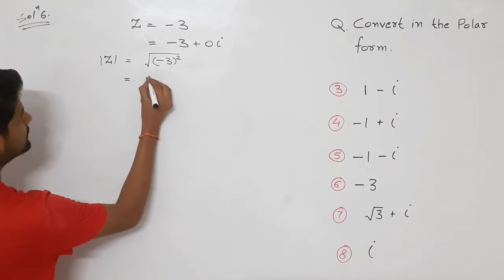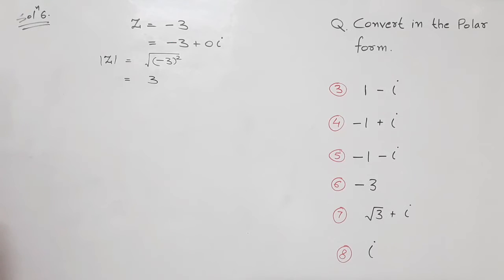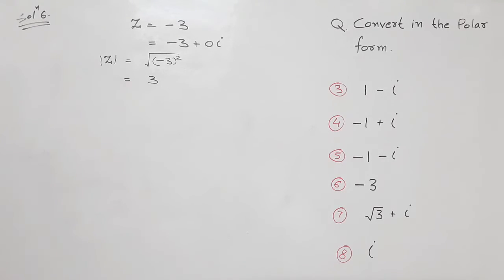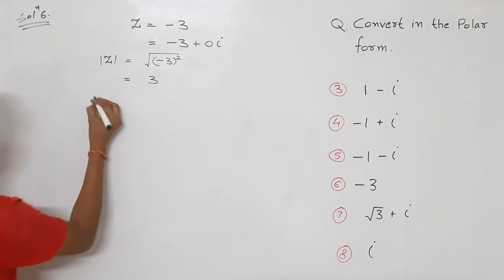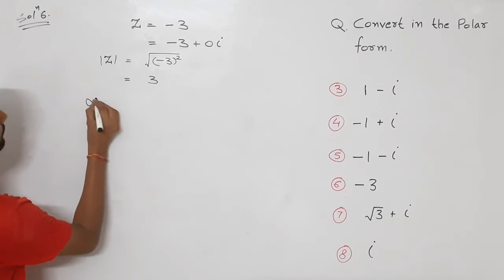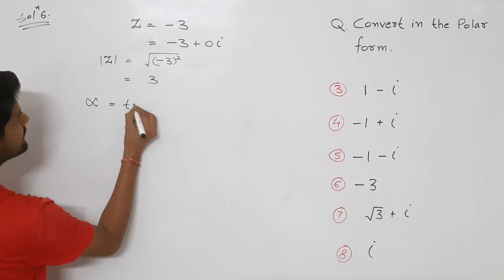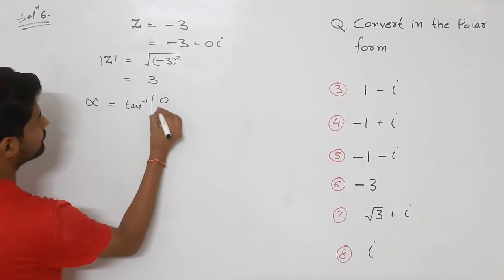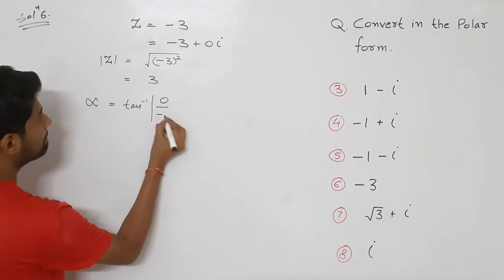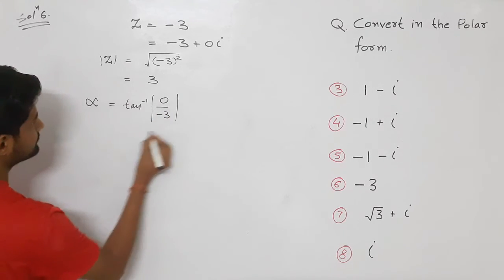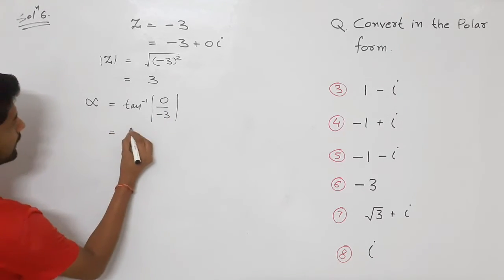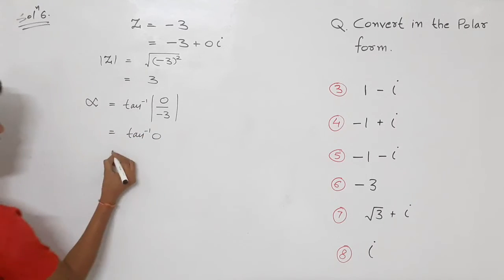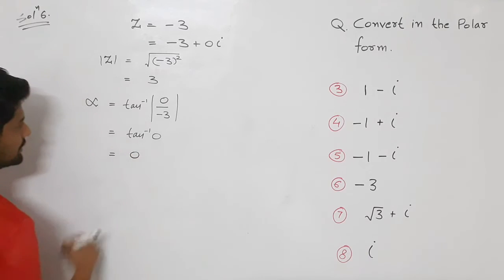So this will be 3. Now alpha is tan inverse 0 upon -3, again tan inverse 0, which is equal to 0.